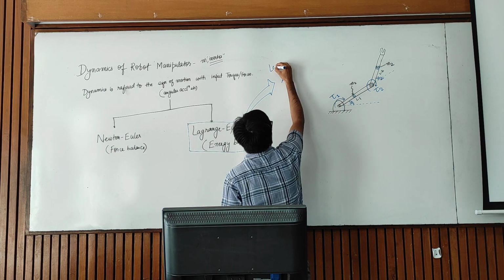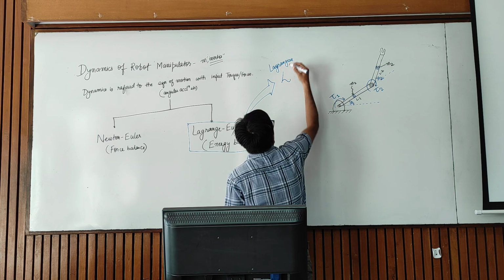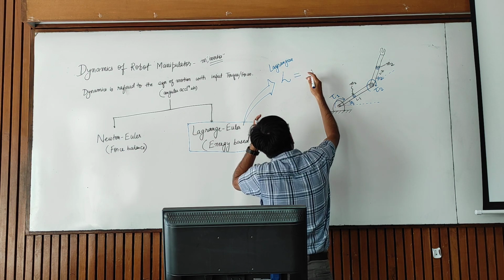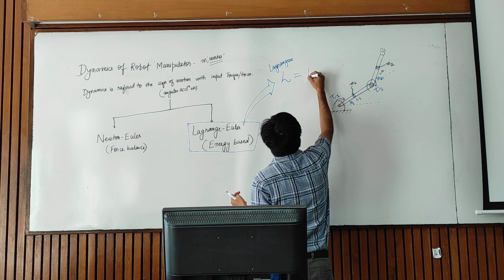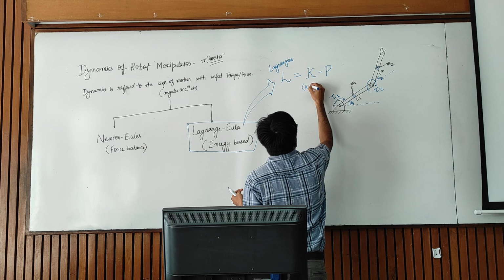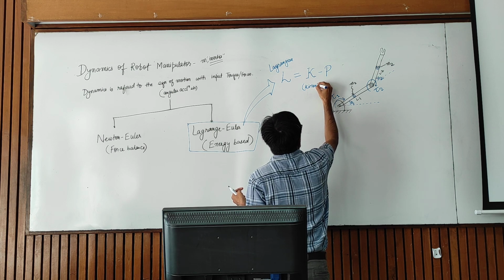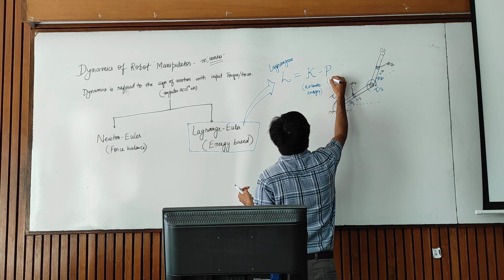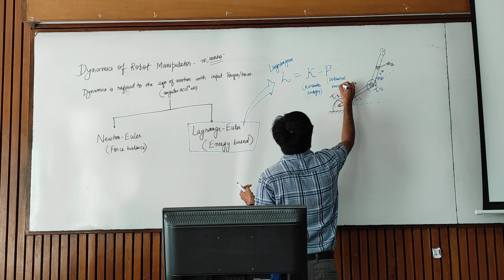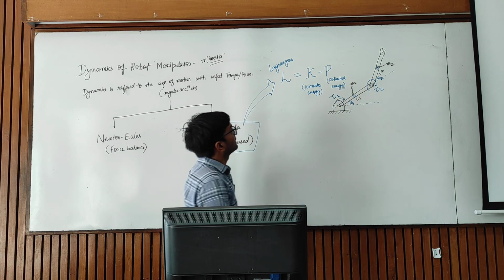The Lagrangian is a quantity which is nothing but the overall kinetic energy minus the overall potential energy of the system. This is how it is defined.